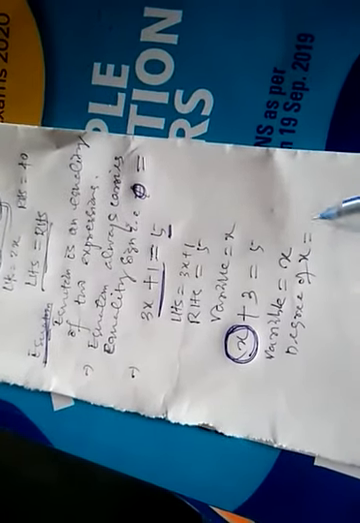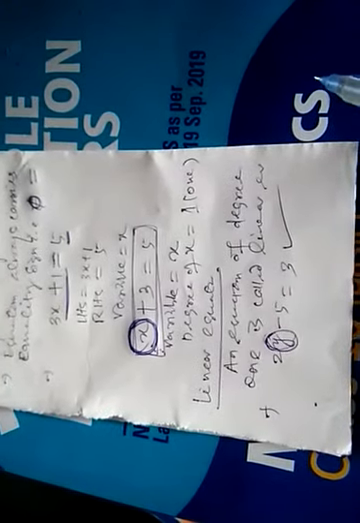The degree of x is 1. So this whole statement is called a linear equation. A linear equation means an equation of degree 1.